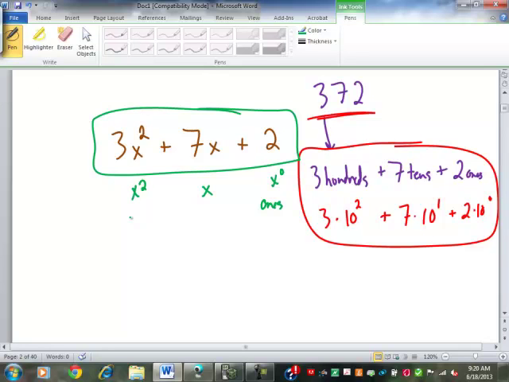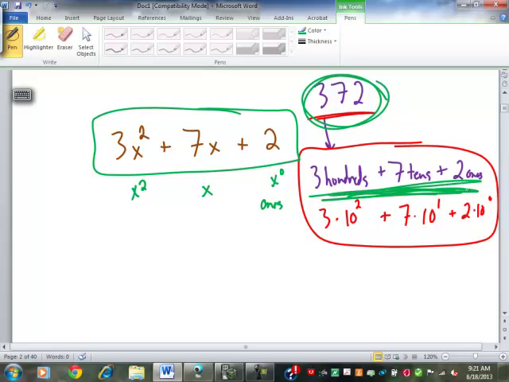Now they look very different because we've got variables in it, and most of us lock up a little bit when we see the variables. But it still behaves exactly the same way as this 372. That's why in the last class I wrote out 372 in this expanded form, 300, 7 tens, and 2 ones, because in that form it behaves exactly the same way that this does.